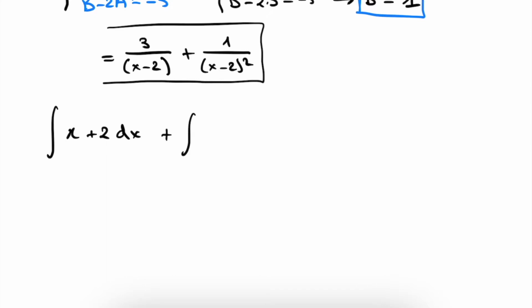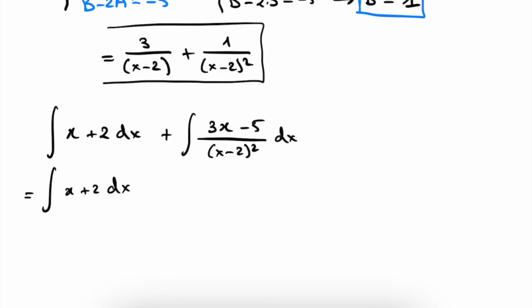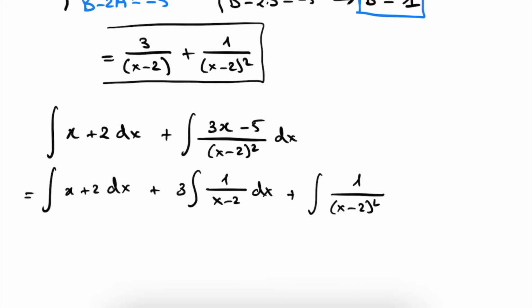Then we had the integral of our original fraction, which was 3x minus 5 divided by (x minus 2) squared dx. What we found now is that we can rewrite this as the integral of x plus 2 dx plus 3 times the integral of 1 over x minus 2 dx, which is this term, plus the integral of 1 over (x minus 2) squared dx, which is of course this term.